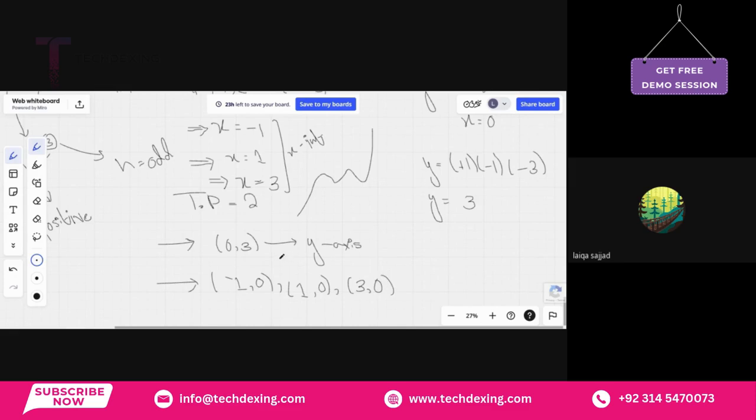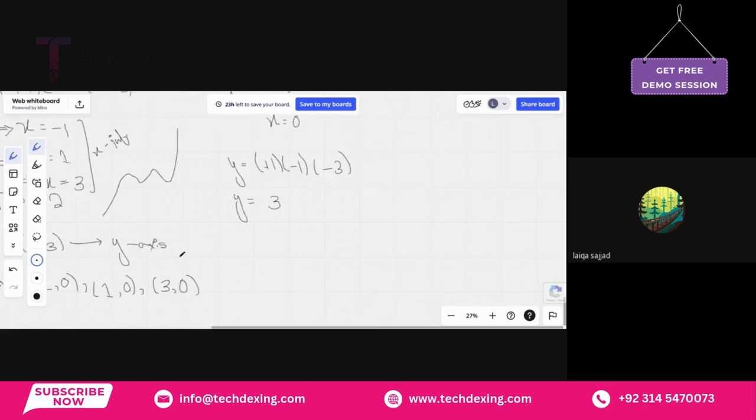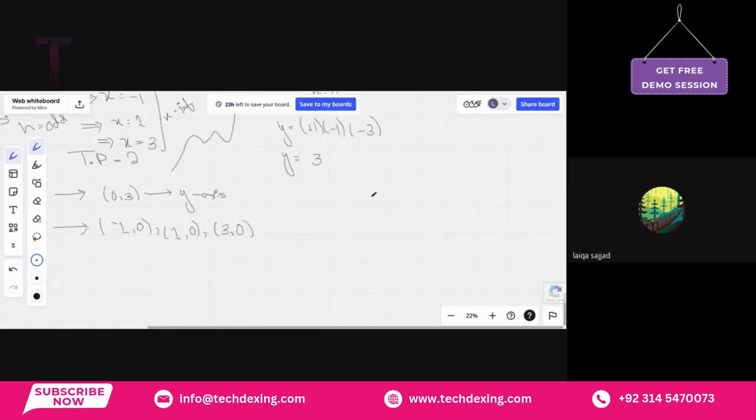Okay, now if we sketch the graph, we can see that we need -1, +1, and 3. So it would be somewhere here. If it's -1, if it's +1, if it's 2, and if it is 3, it's 4.